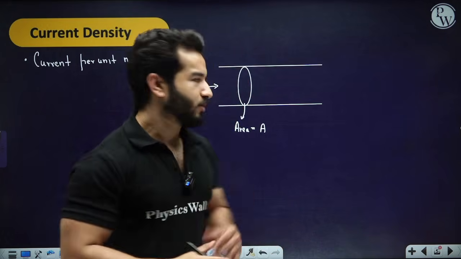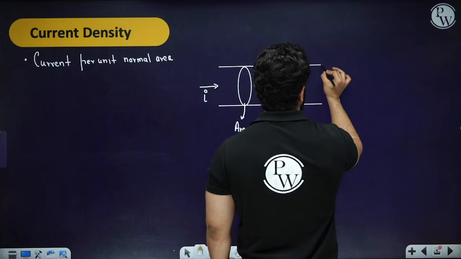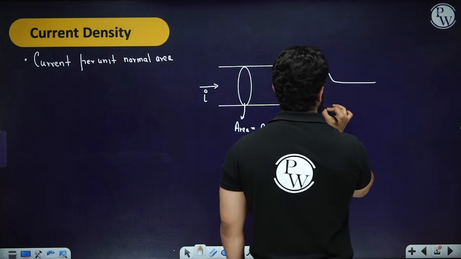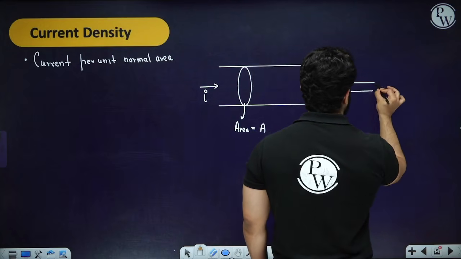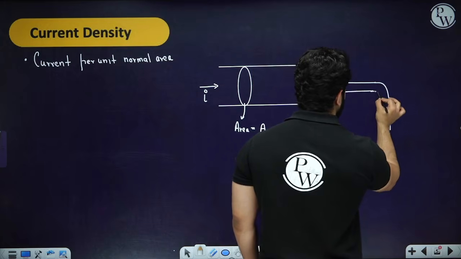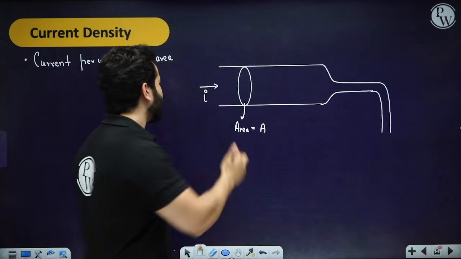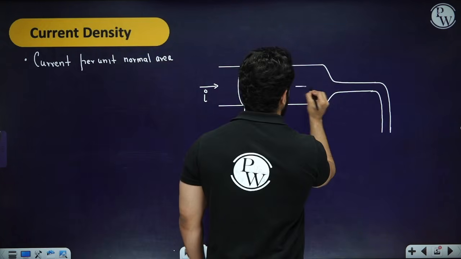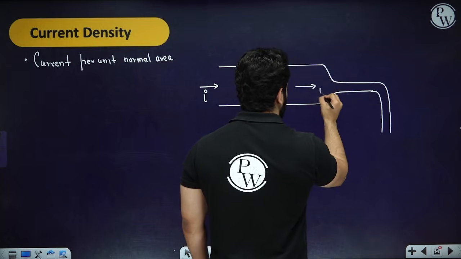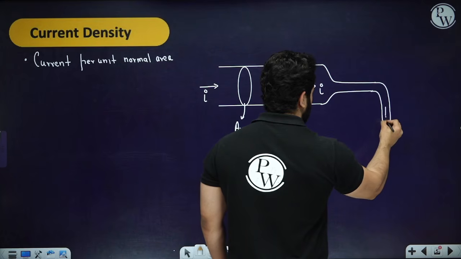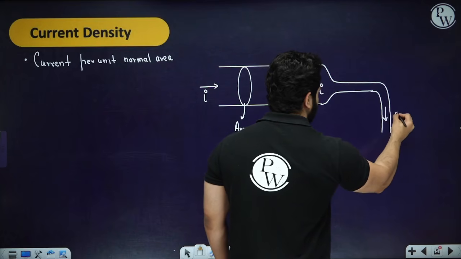This is the main part. So even if after some time the wire turns out to be something like this, or moves something like this, at all points the current will be the same, that is I ampere. I have not used any number over here, but it's going to remain the same.